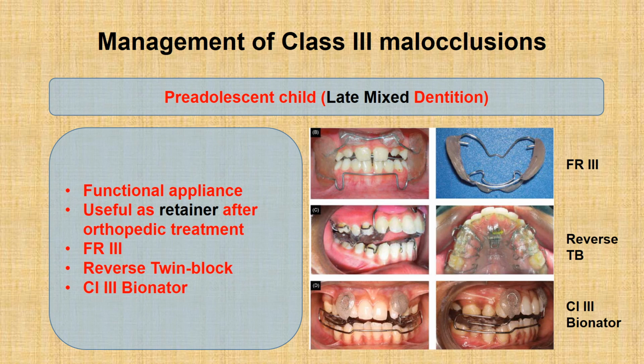Examples of myofunctional appliances available to treat class 3 are the function regulator of Frankel 3, the reverse twin block, or a class 3 bionator.